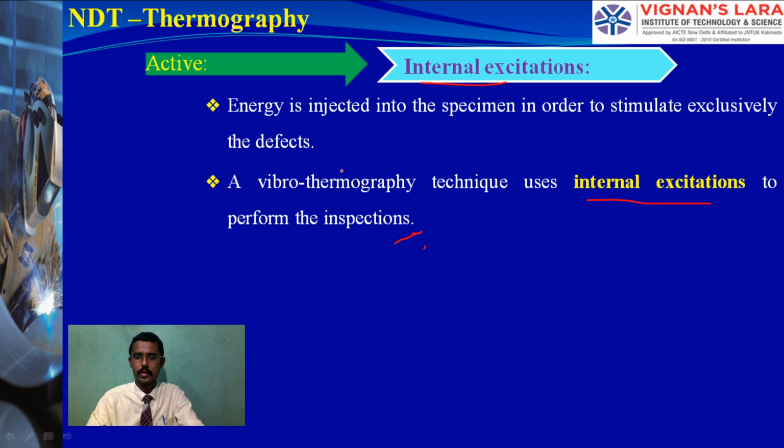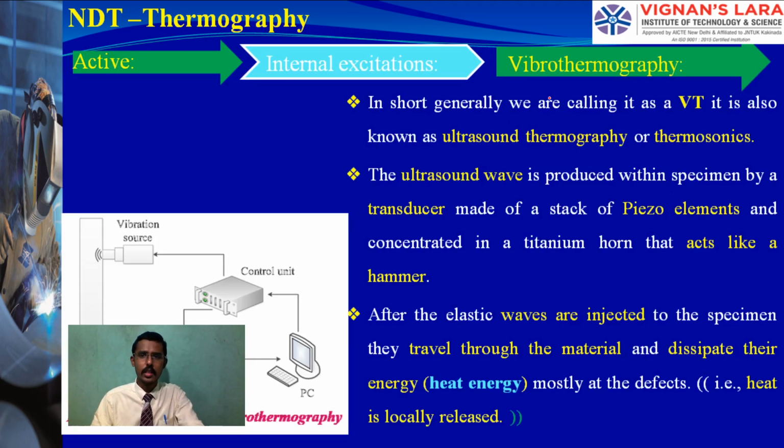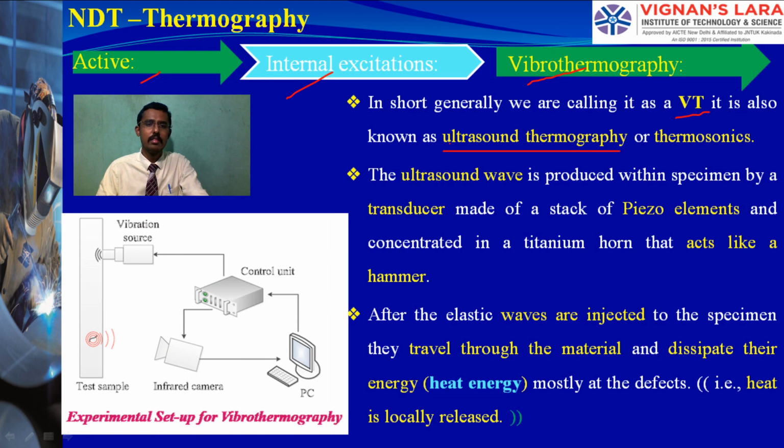You see one by one. In short, vibration thermography, active method, internal excitation. Generally we call it VT, vibration thermography. It is also known as ultrasound thermography. The name came because we are using an ultrasonic source setup, a vibration setup, to create vibration over the specimen.